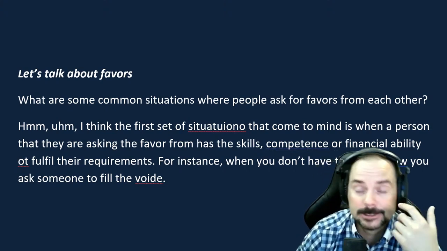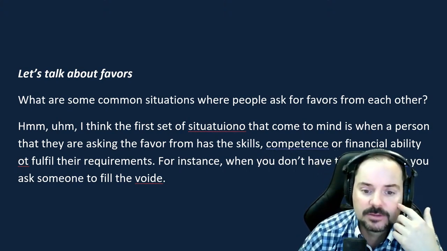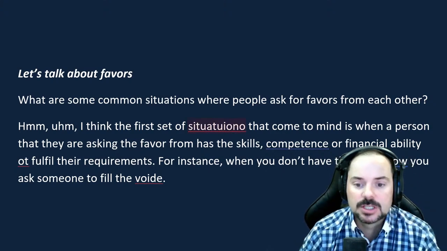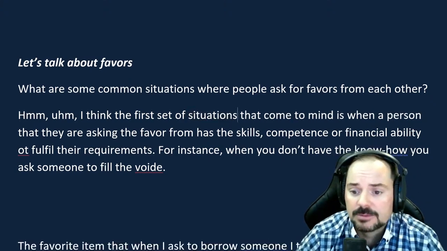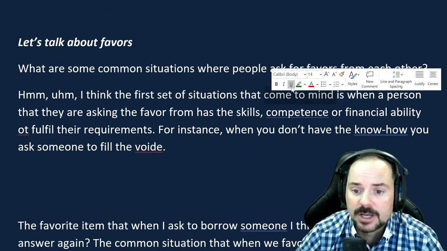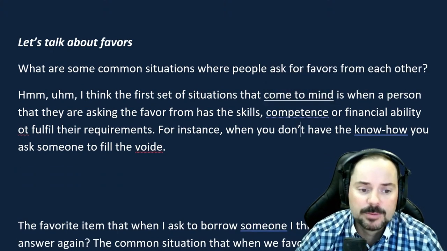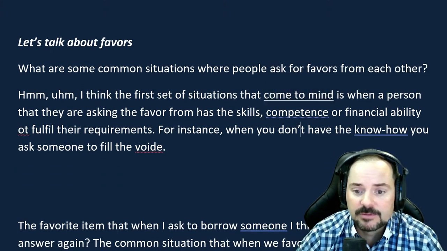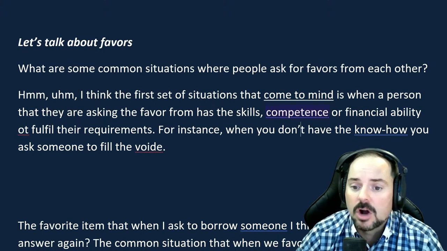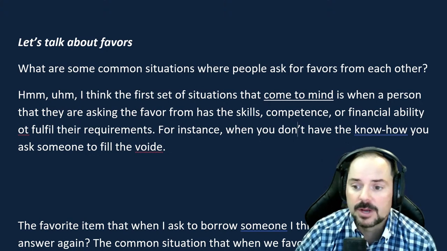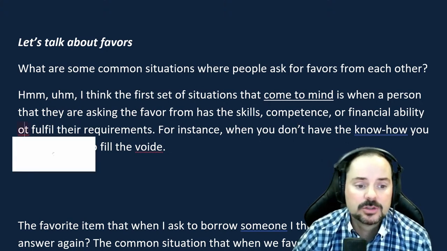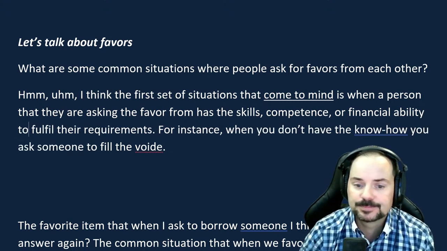So you said, I think the first set of situations that come to mind, really nice paraphrasing, that come to mind, good expression, is when a person that they're asking the favor from has the skills, competence, which is the know-how, so the ability, right, or financial ability to fulfill the requirements.